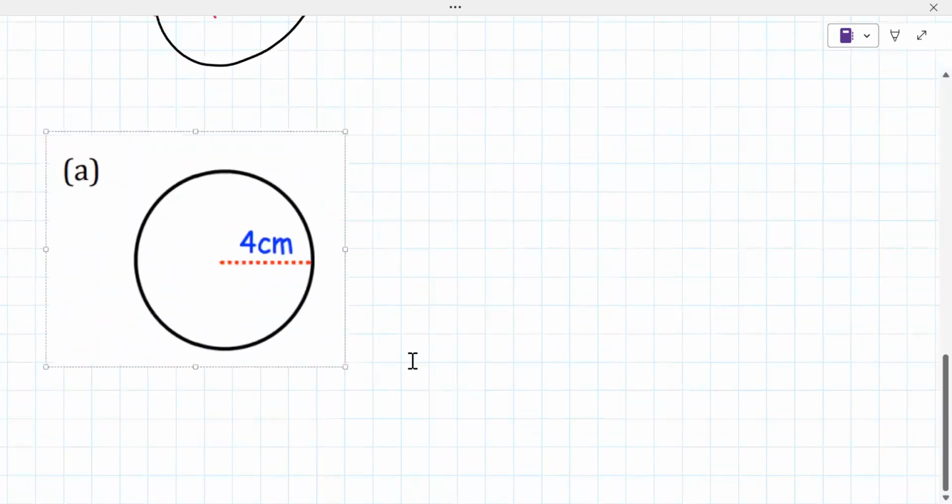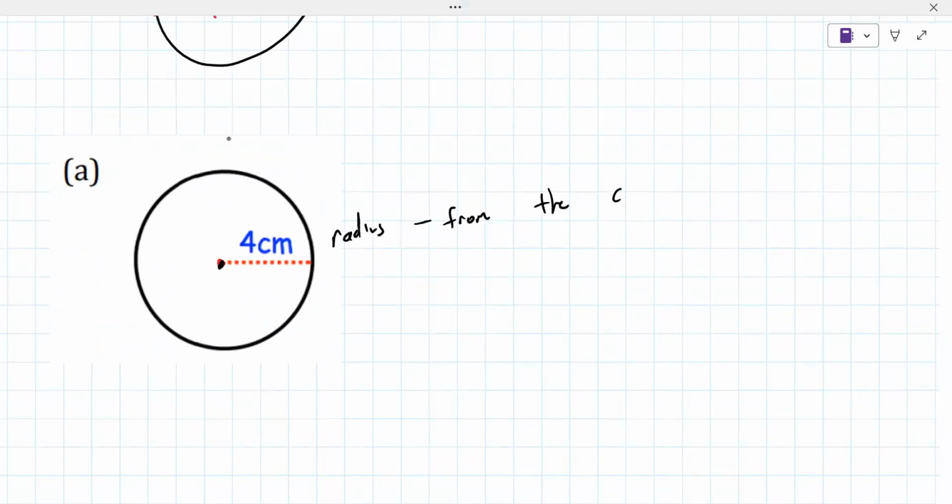You can see that the radius is given. You might wonder how you know it's the radius. The radius goes from the center to the edge, so if there's a dot in the middle, then it's the radius. They don't put the dot there, but it is there. The diameter is 2 times the radius.